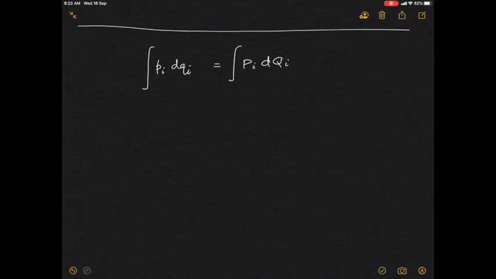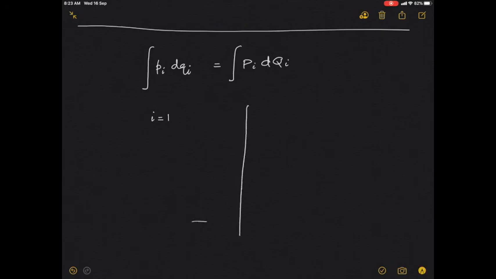Remember, this came from the fact that our canonical equations must remain invariant. And if I consider these to be the same, then what does it mean?